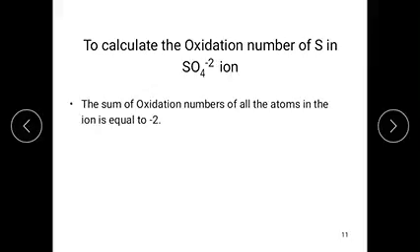That is, the sum of the oxidation numbers of all the atoms in the ion is equal to minus 2.